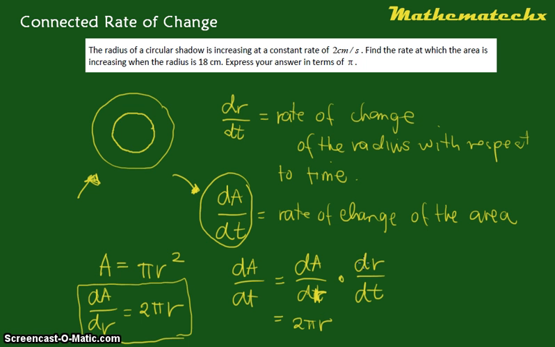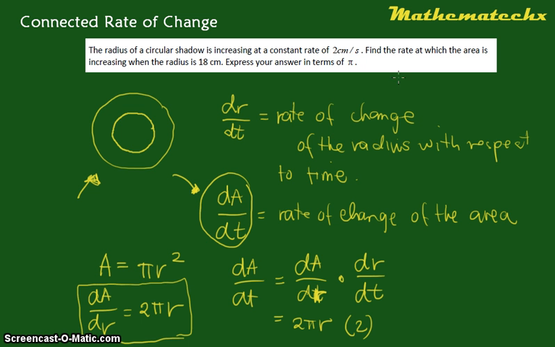Now, dr over dt is the rate of change of the radius with respect to time, which is given in the problem. It says the radius of a circular shadow is increasing at a constant rate of 2. So dr over dt is 2.